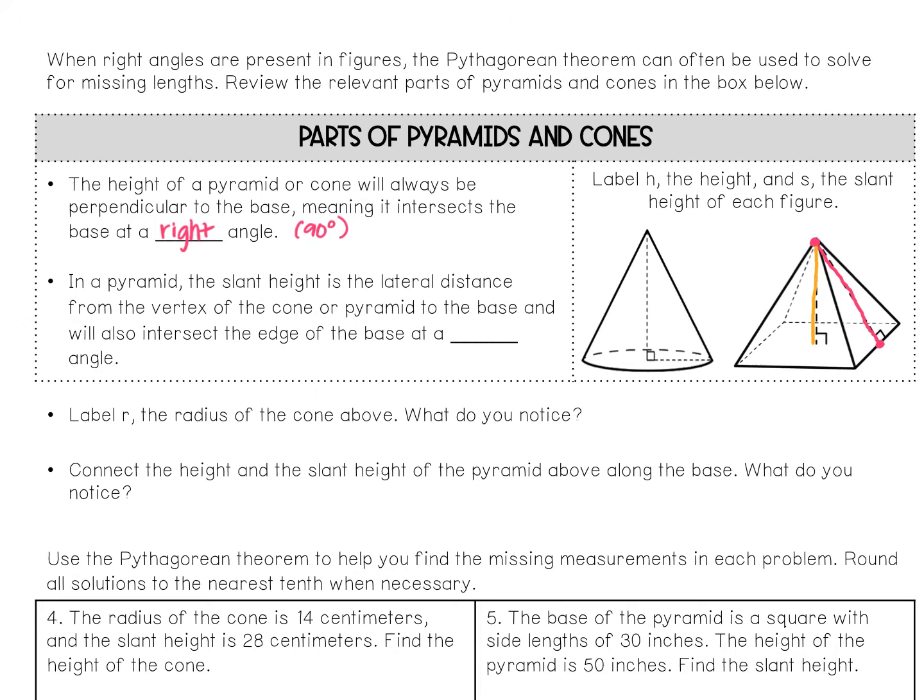And we can see how that helps us create a right triangle. The slant height also intersects the edge of the base at a right or 90-degree angle.